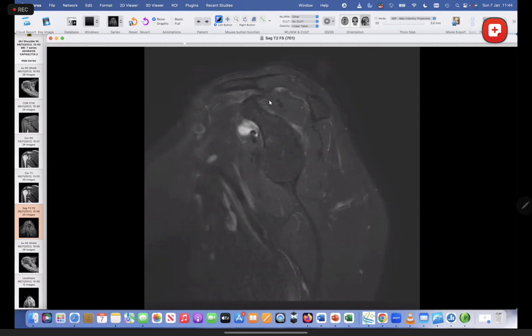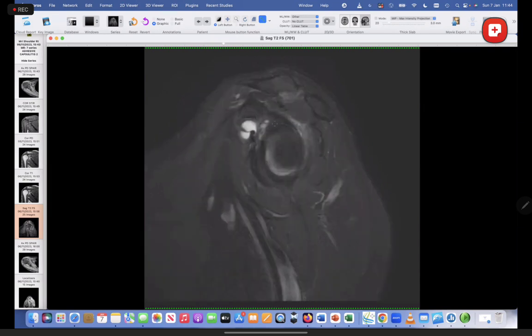Now, remember, if you were at the talk, what I said to you when I was doing the talk was to draw a line, say from the tip of the acromion to the tip of the coracoid process, and generally 1/3 of this muscle, which is the supraspinatus muscle, should be above this line.